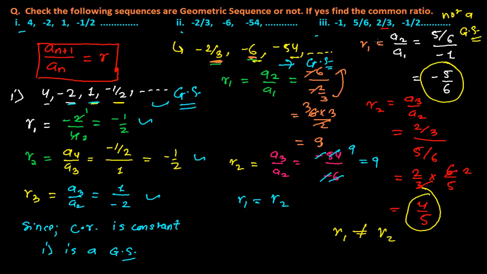Simply, what you have to do is see whether the succeeding term over the preceding term is constant throughout the sequence or not. For any sequence you get in your question, if that ratio is constant throughout, then it's a geometric sequence, otherwise it's not.